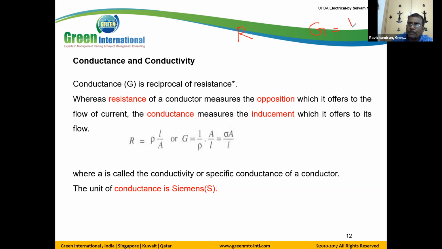So G is equal to 1 by R. Similarly, rho stands for resistivity, sometimes we denote it as capital S. On the other hand, we have conductivity.